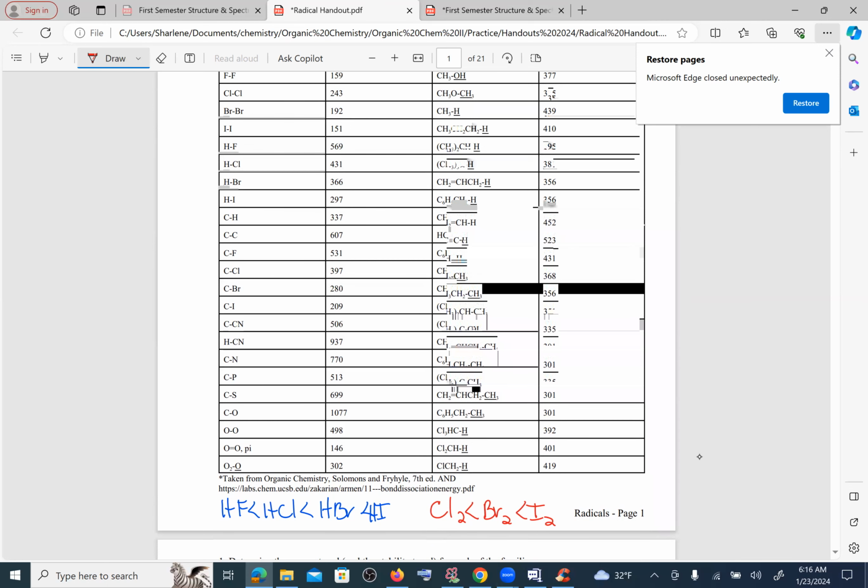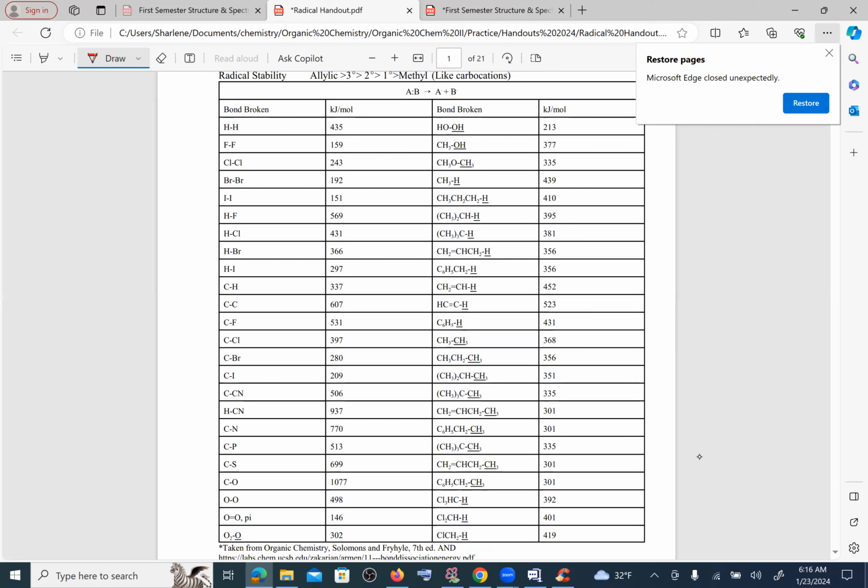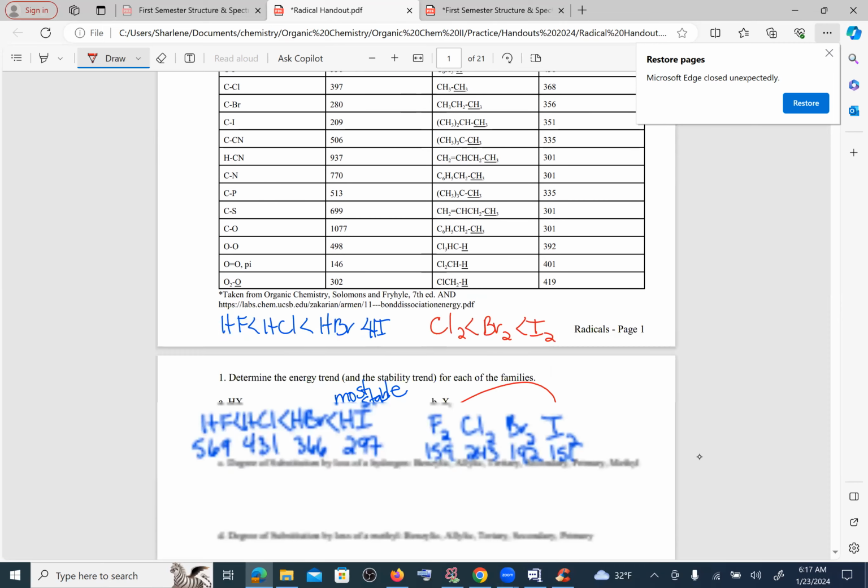So we're going to do the hydrogens first. Okay, so if you'll notice, I underlined that hydrogen. So that's the number I'm going to use. So there's the methyl, there's the primary, there's the secondary, there's the tertiary. This is the allylic, and that one should be benzylic. Okay, so those are the numbers that I'm grabbing.